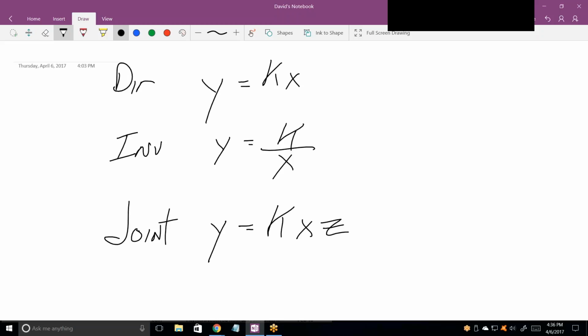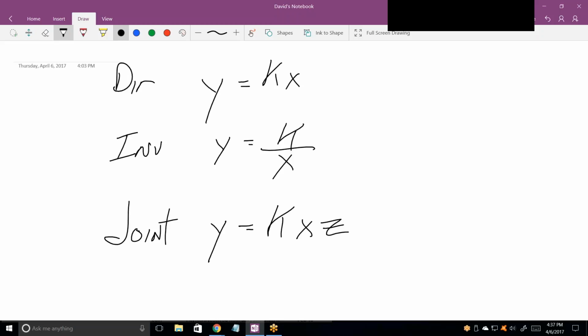I could probably think of another one. If x was the number of hours you studied for a test and y was your test result, then it would be a direct relationship, because the more hours you studied, the better your test result would be. The fewer hours you studied, the worse your test result would be.